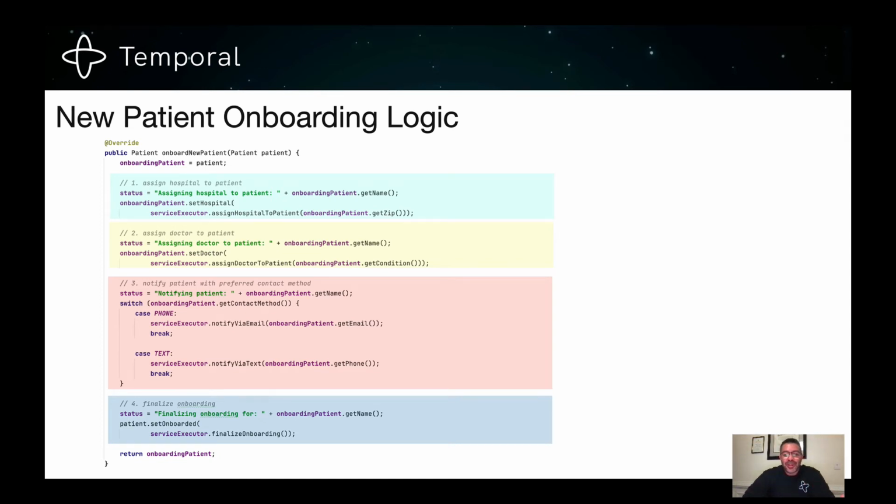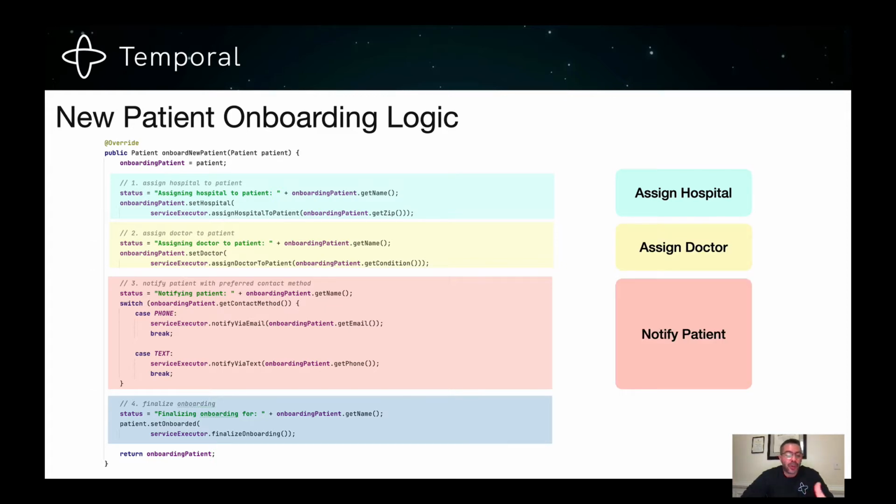Now, this code on the left, written in Java, though it can be written in different languages with Temporal, represents the core logic of our application. The logic is, once we receive patient information, we want to assign a hospital, doctor, notify a patient given their preferred contact method, and then do some cleanup tasks and finalize the onboarding.